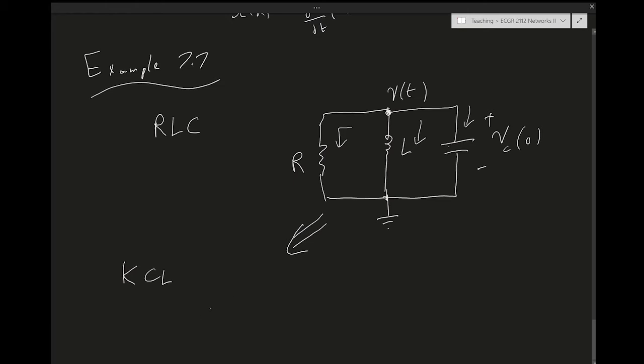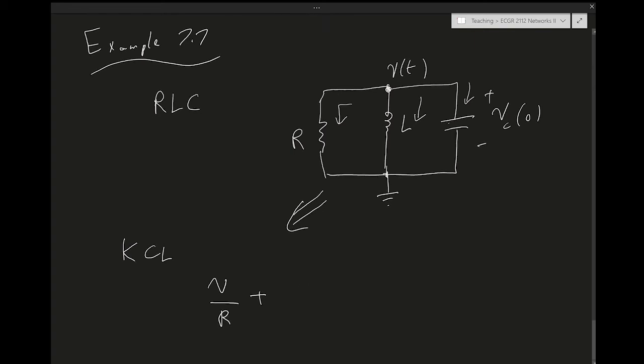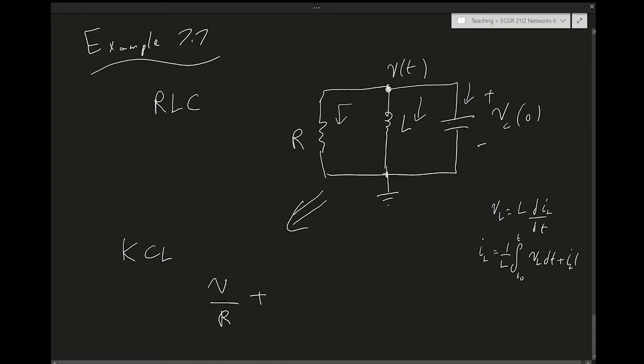So we have V over R plus the current going through the inductor, right? VL equals L di by dt. So the current going through the inductor, IL, is going to be 1 over L integral from some initial time to some time of VL dt, plus some initial condition.